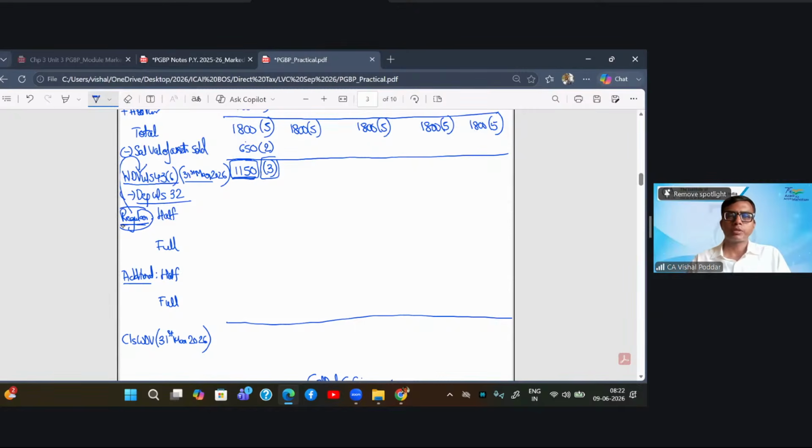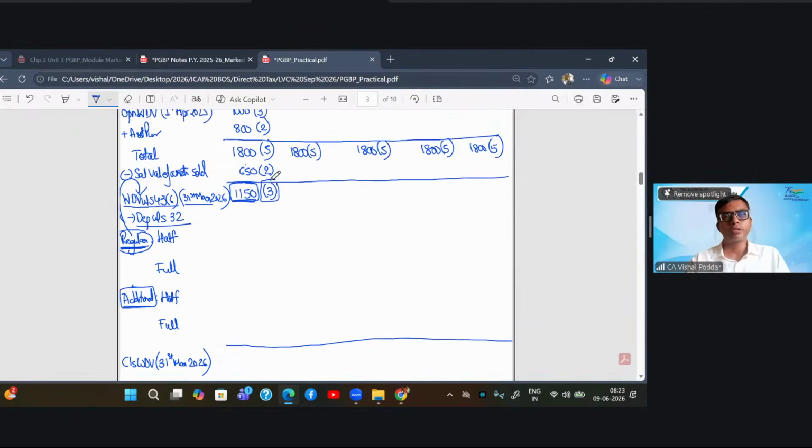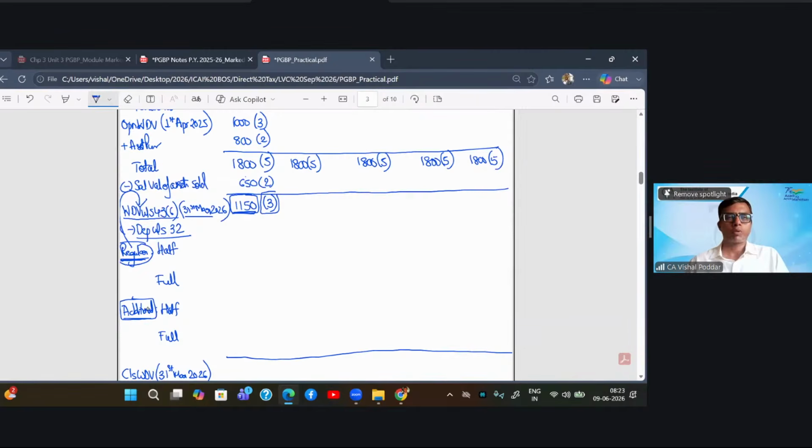So regular depreciation is calculated on the WDV amount, and additional depreciation, which is applicable only in case of old scheme, is to be calculated on this amount. What is this? This is the, I'll just change the heading. What have I added over here? I have added the cost of asset purchased during the year.